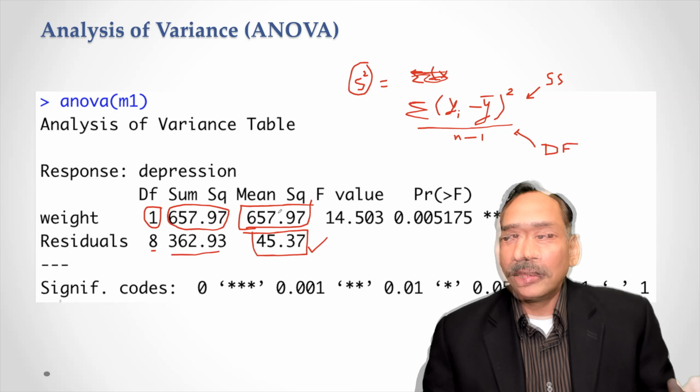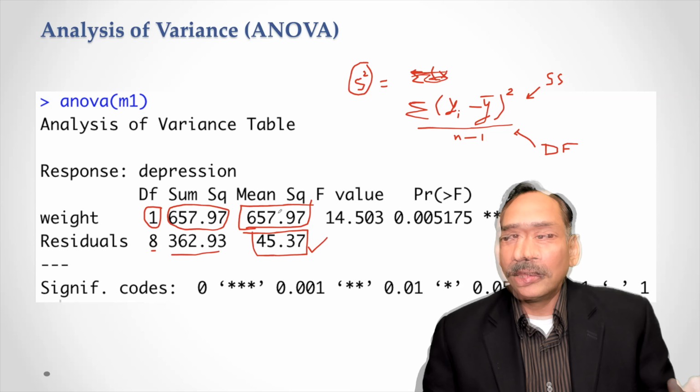Let me copy this 3.808 and square it, like 3.808 times 3.808. You get 14.5. So this is exactly same value. Your F value is nothing but square of the t value that you see here.